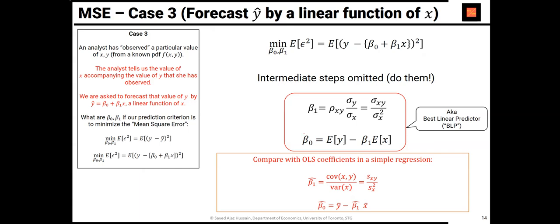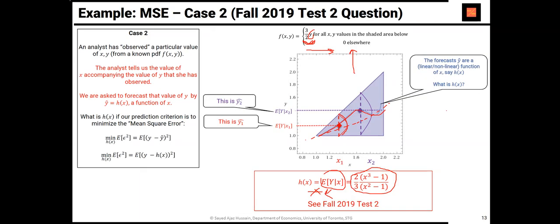Case 3 once again says the same story. Give me a value of x, forecast the value of y, knowing the density of x and y. And what you now want to do is restrict yourself to linear functions of x. Again, the intuition being that maybe you don't want to compute this expression.